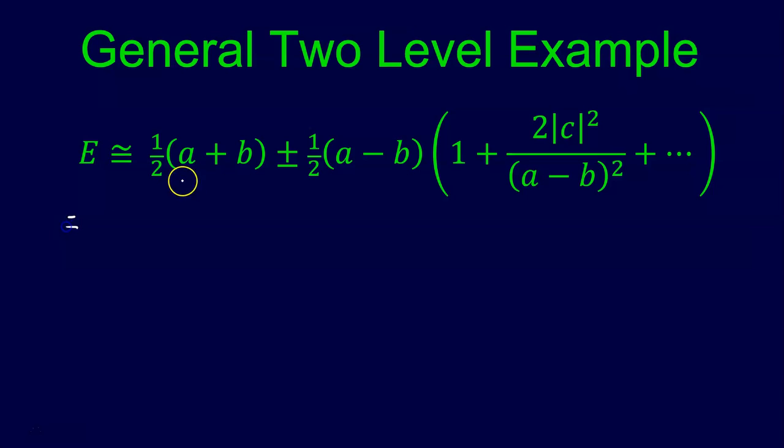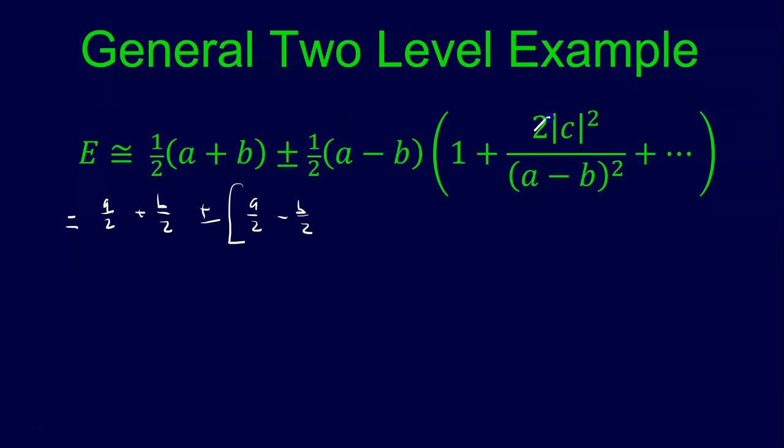So this energy, I could write as A divided by 2 plus B divided by 2, and then plus or minus 2 terms from here. So I've got this times 1, so A over 2 minus B over 2, and then the second term is 1/2 A minus B times this guy.